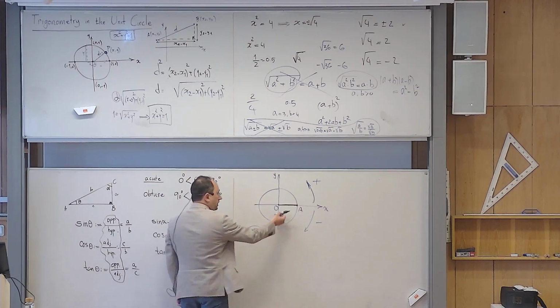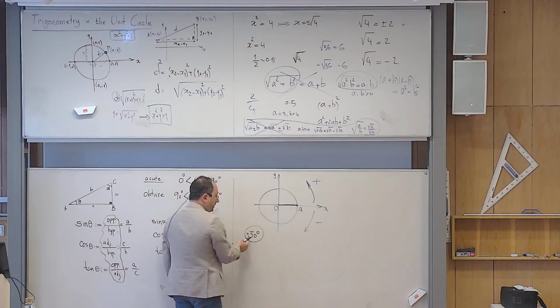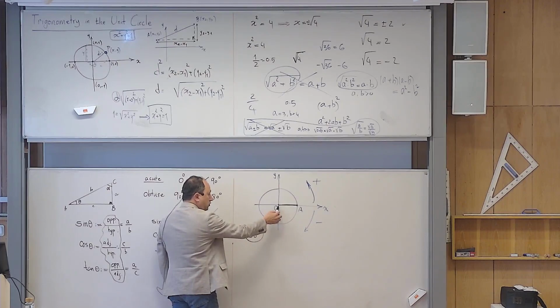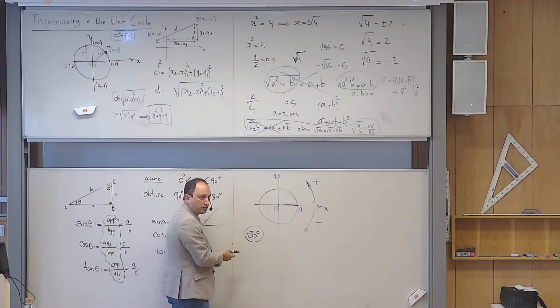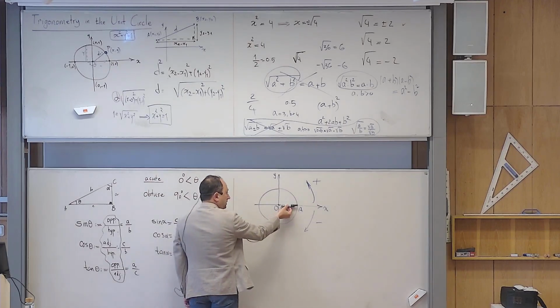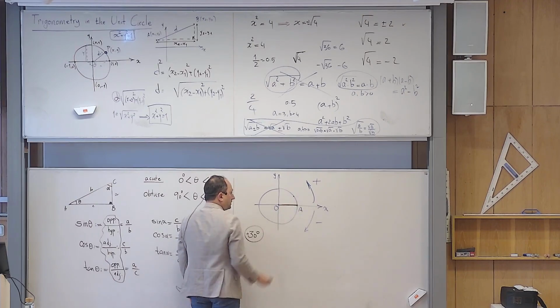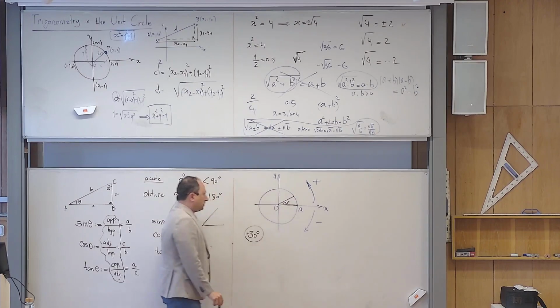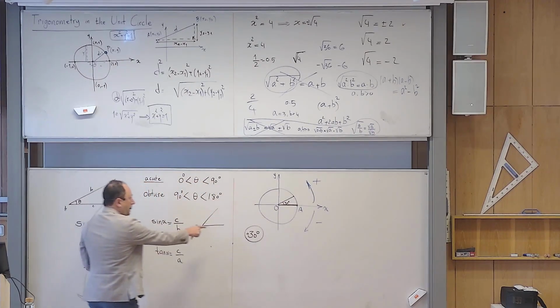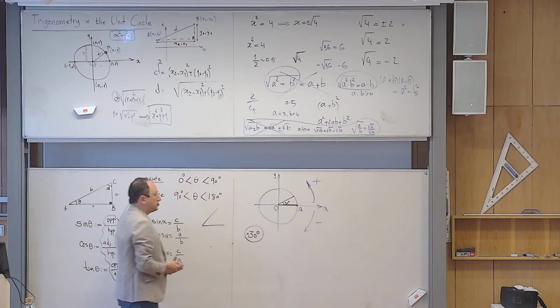So it means that I start from here, rotate about O 30 degrees in the positive direction, and then I stop. Okay? So I start from here, rotate 30 degrees, for example, here, I stop. And this angle is how I represent this angle on the unit circle.